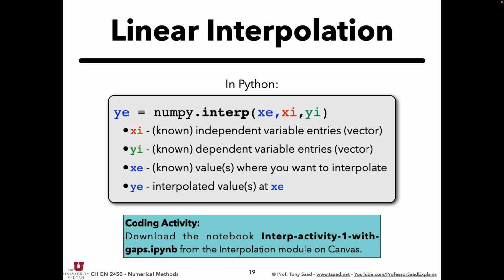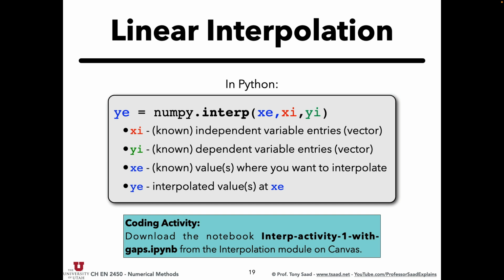Okay, so going back to interp, the arguments for interp, let's start with xe. Xe is the value at which you want to interpolate the data. Your data is given by xi and yi. I chose i as input. Those are the data that you provided. Okay, so that's temperature versus hour of day, or density versus temperature.